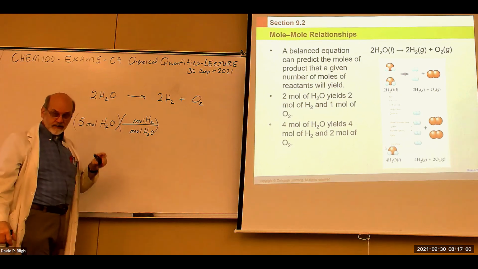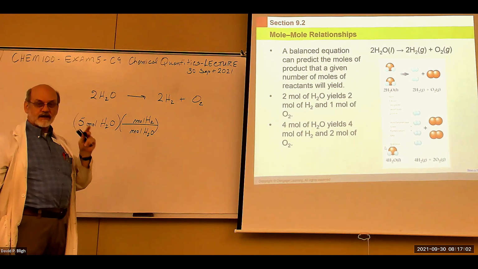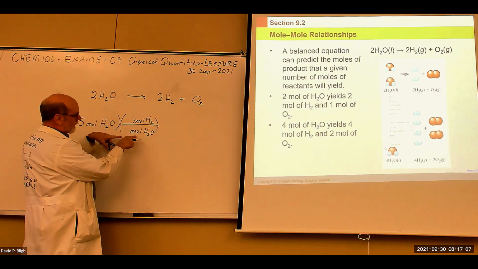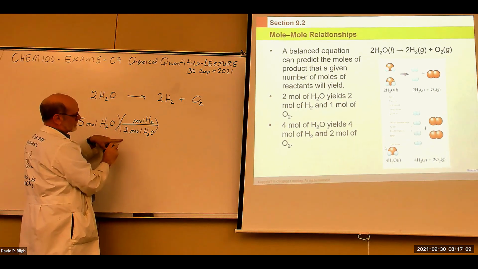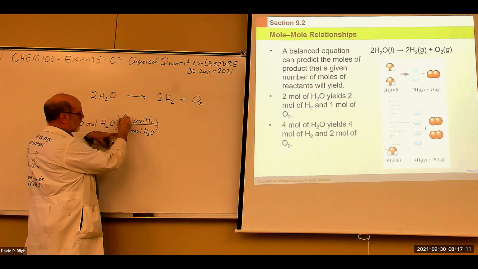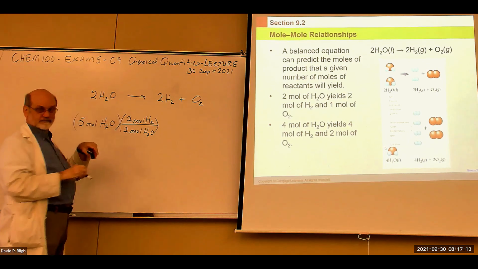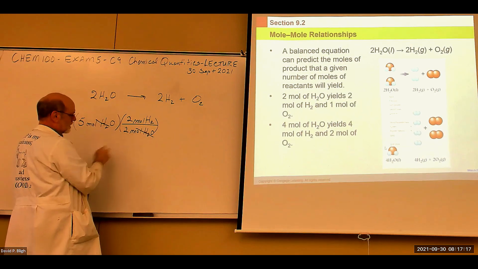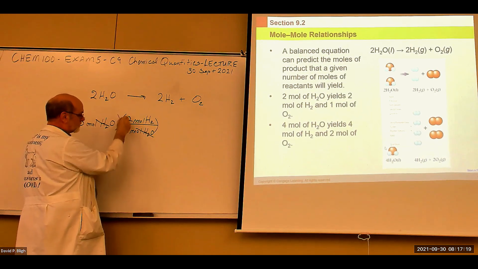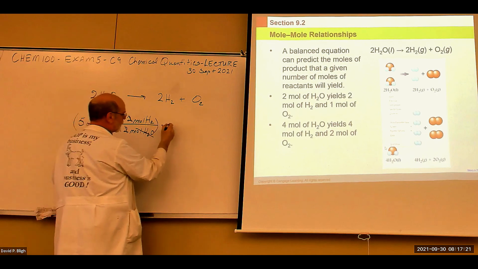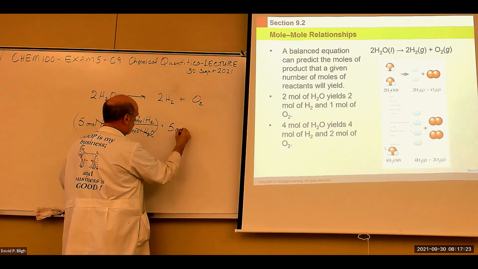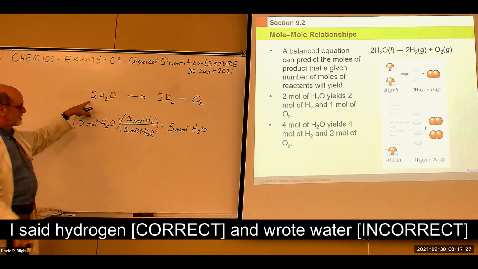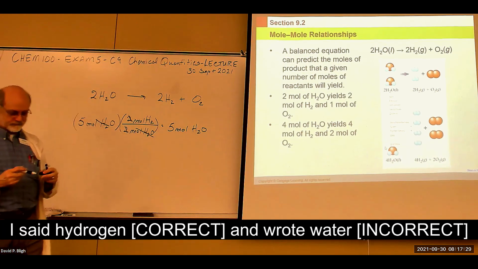Remember, conversion factors, if you have an equivalence, you can produce a conversion factor. So for every 2 moles of water, we produce 2 moles of hydrogen. Okay? So this one cancels here. This one is 1 times 5, and we have 5 moles of hydrogen produced for 5 moles of water.